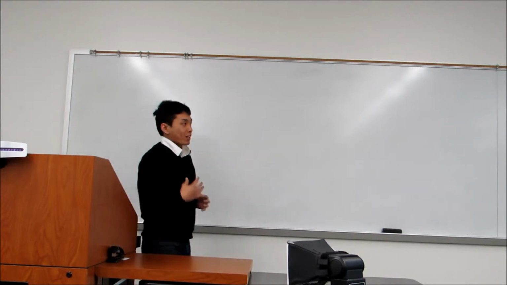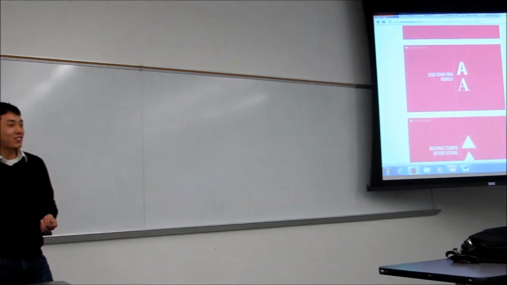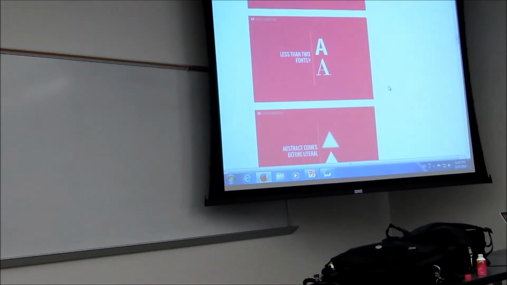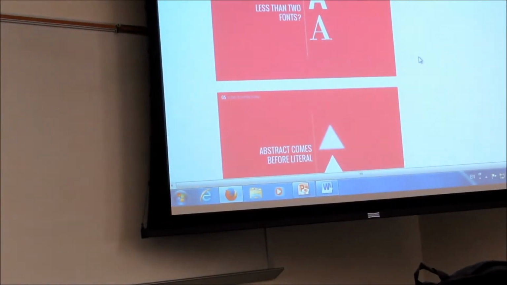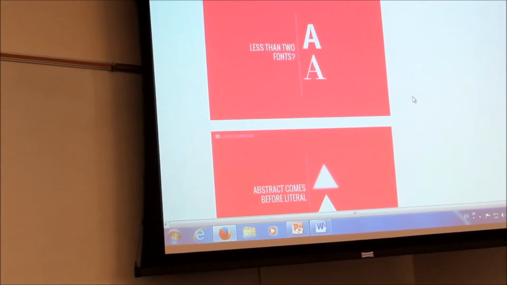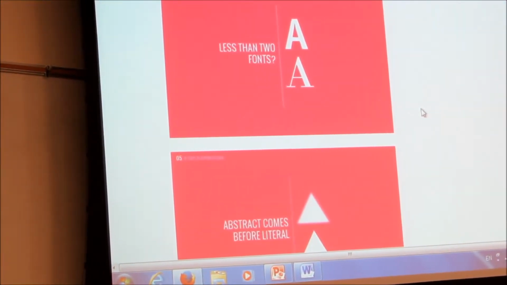You can't have too many fonts, and you can't have script. You also use cursives and stuff, but cursives don't really help much unless you're a really old brand like Coca-Cola. As I go through each of these steps, I will also explain them with examples afterwards.